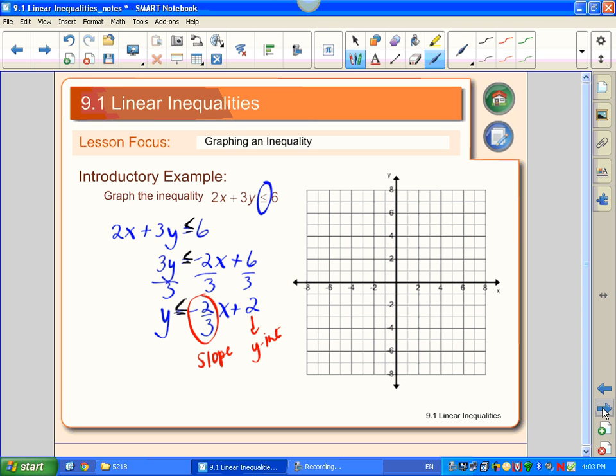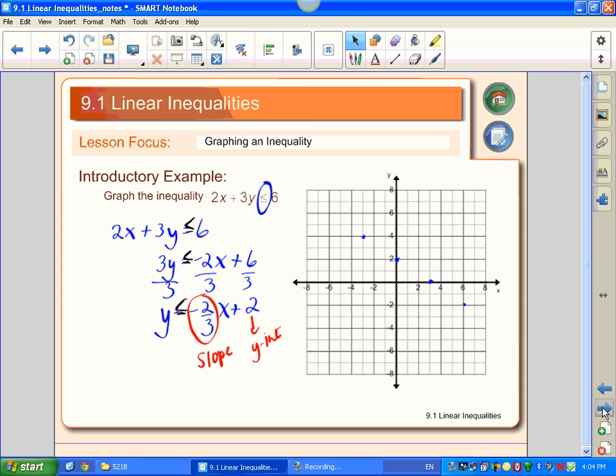So we're just going to plot some points. So here's a point, that's our y-intercept. Here's another point. Noticing going down 2 and over 3 to the right, I'm going to go up 2 and over 3 to the left to get another point.